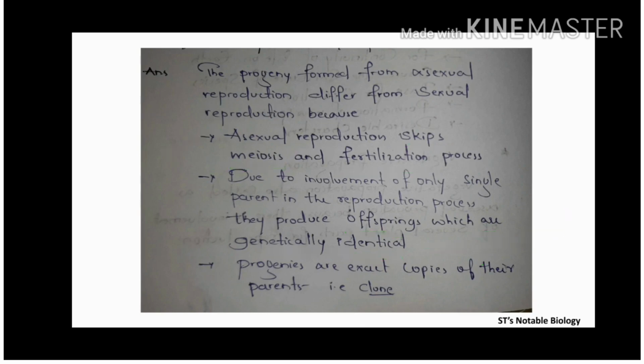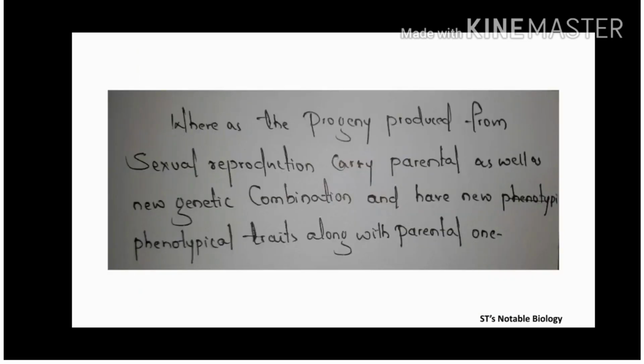Progenies that are exact copies of their parents are called clones. Whereas the progeny produced from sexual reproduction carry parental as well as new genetic combinations and have new phenotypical traits along with parental ones. We'll discuss sexual reproduction in our next part.